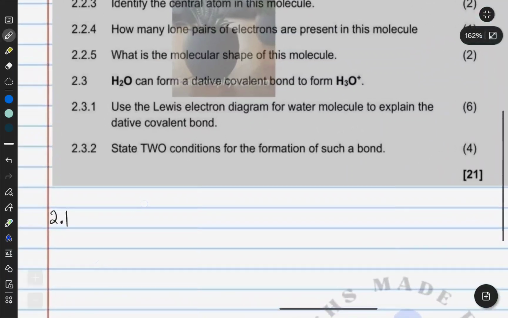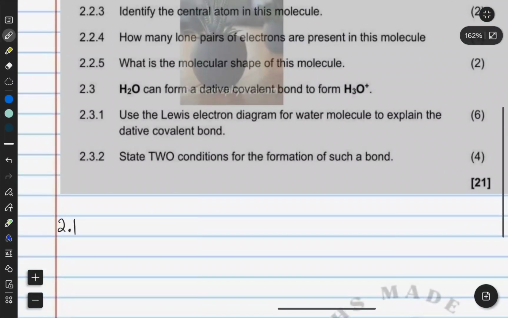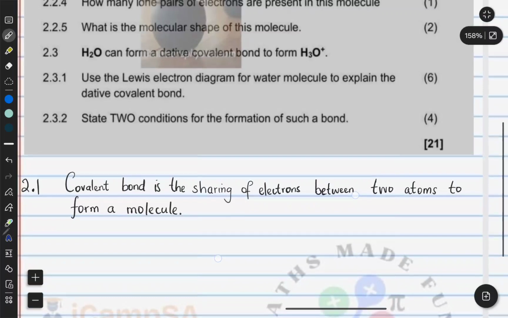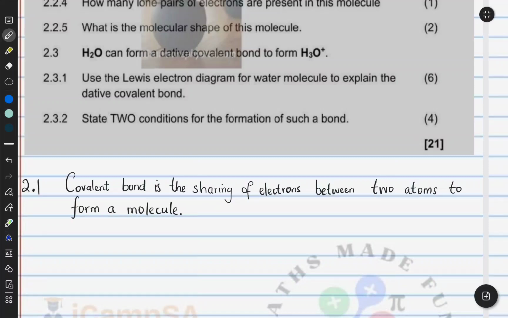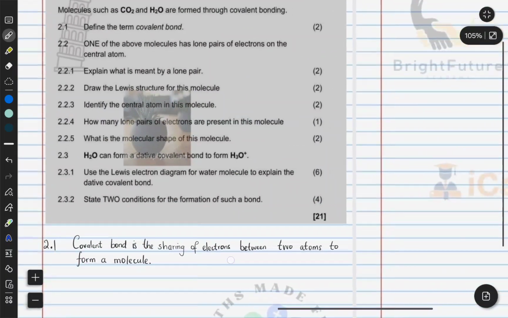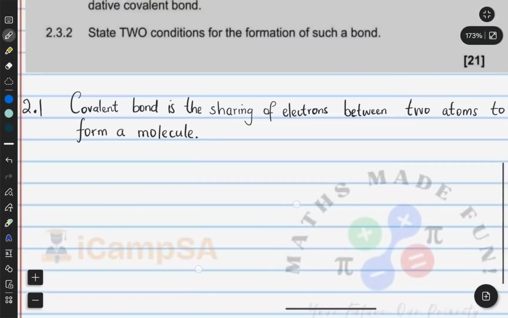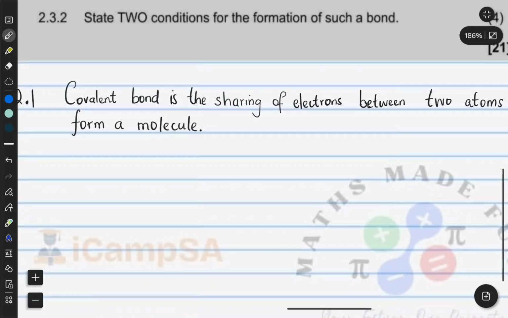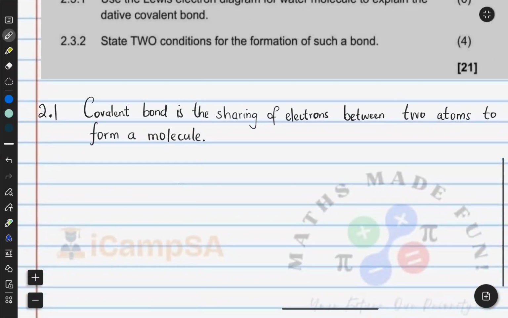Okay, so let's write it here. A covalent bond is the sharing of electrons between two atoms to form a molecule. A typical example would be carbon dioxide, for instance. Carbon dioxide has atoms, right? Those atoms are carbon and oxygen.